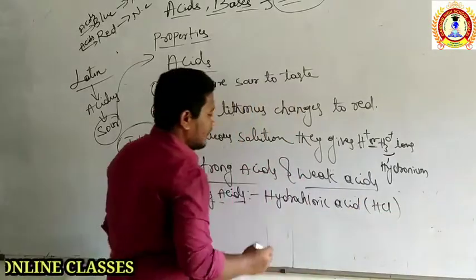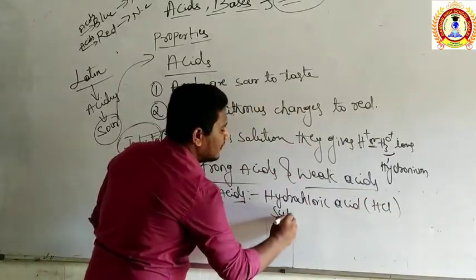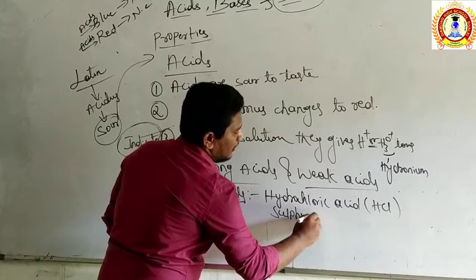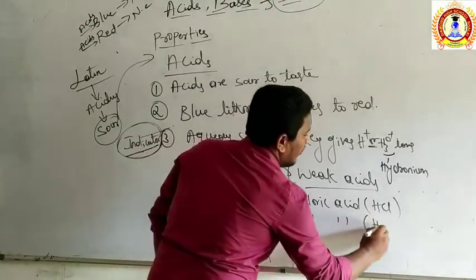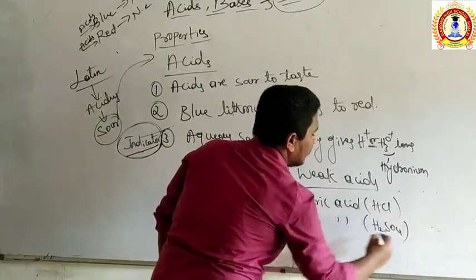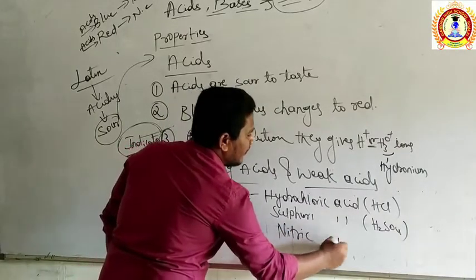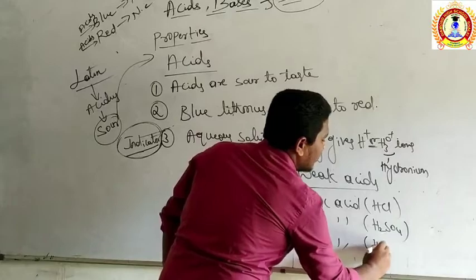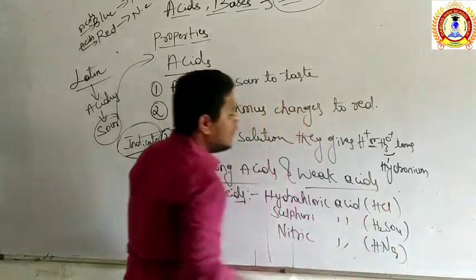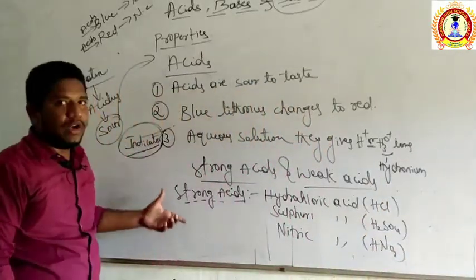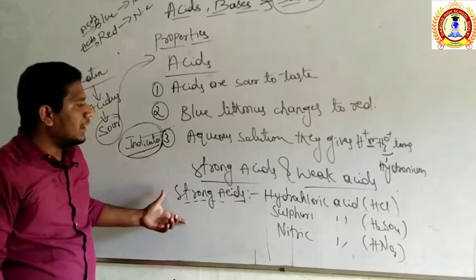HCl, sulfuric acid, H2SO4, and nitric acid, known as HNO3. So these three are known as the strong acids, right?